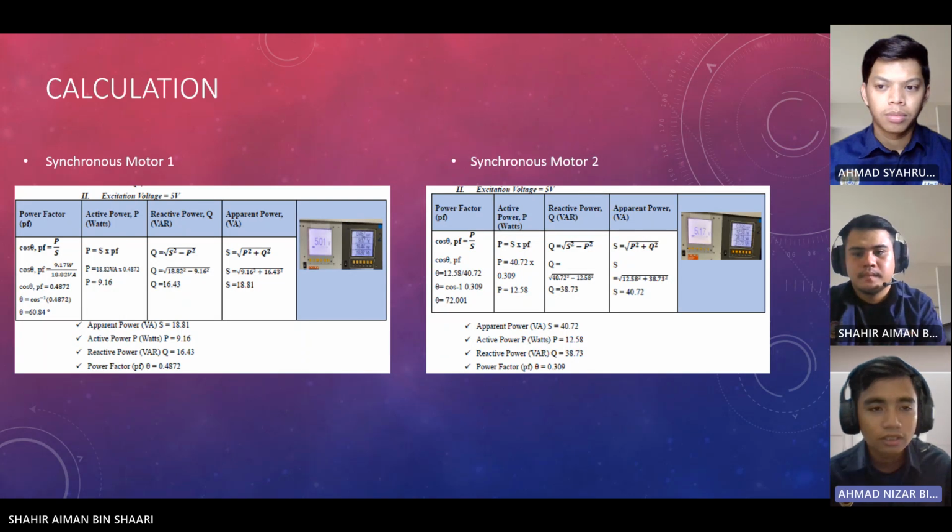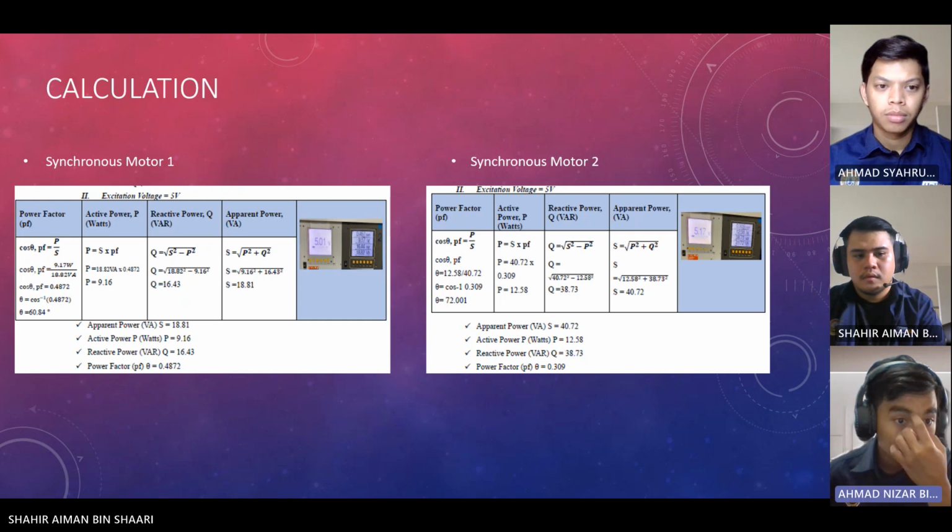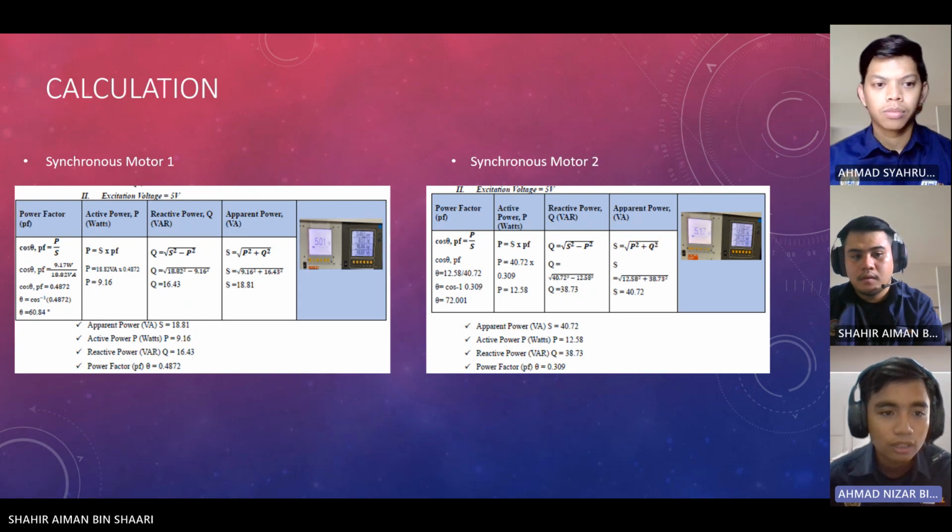Okay, so this is the calculation that we use to get the result. For power factor, we will use this formula: cos theta, equal to power factor, is equal to active power over apparent power. For active power, the formula is P equal to S times power factor.